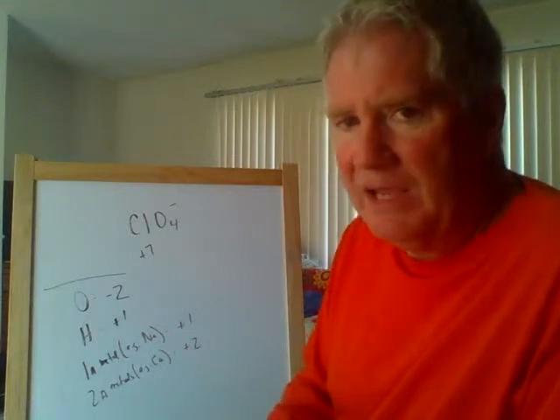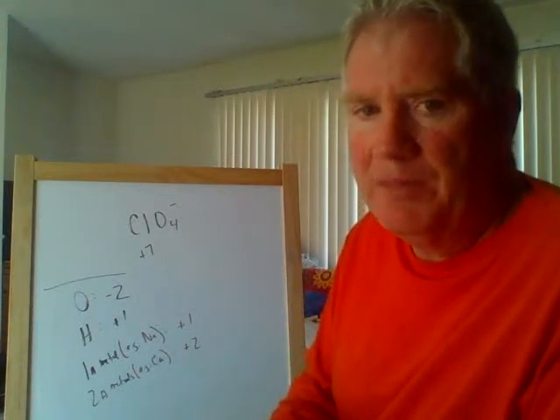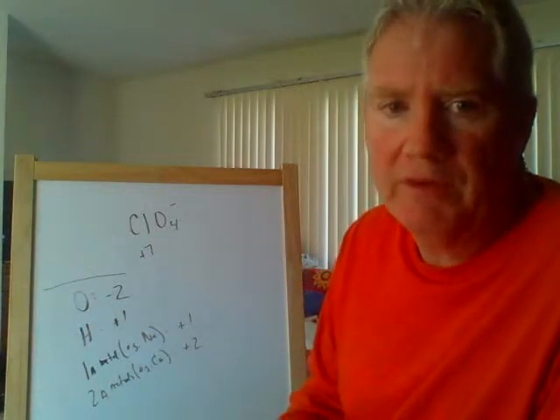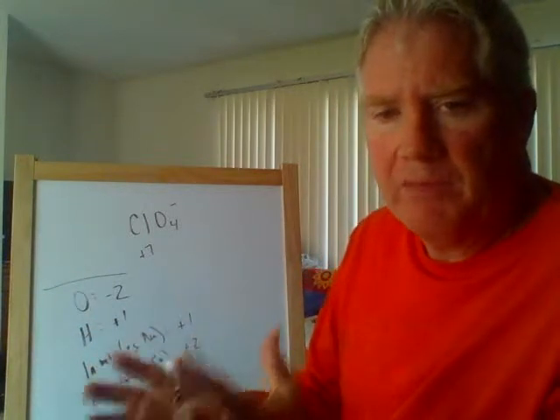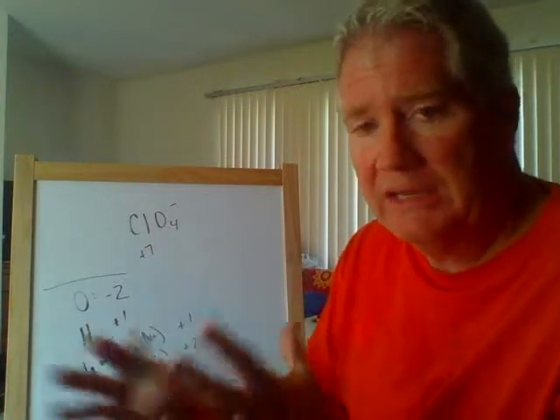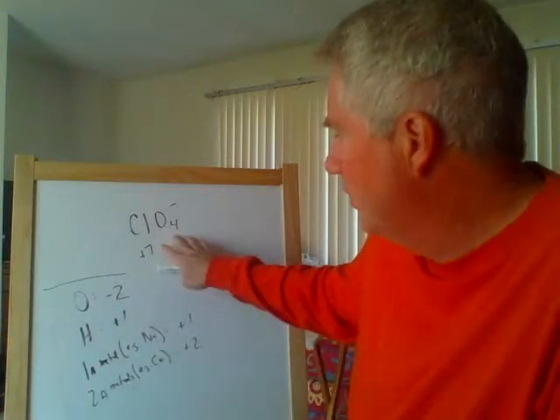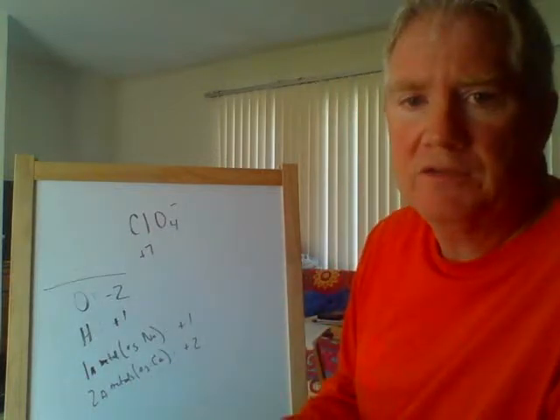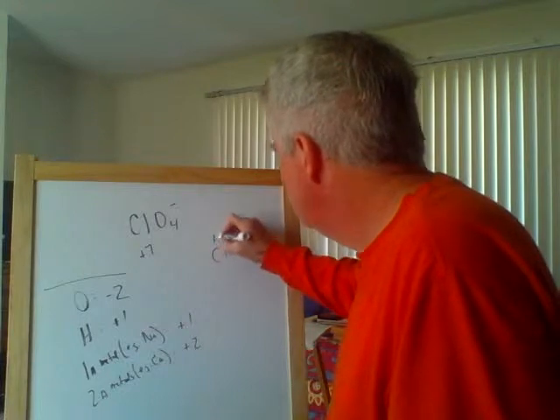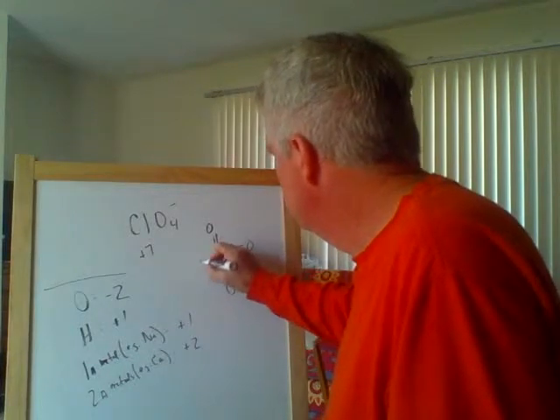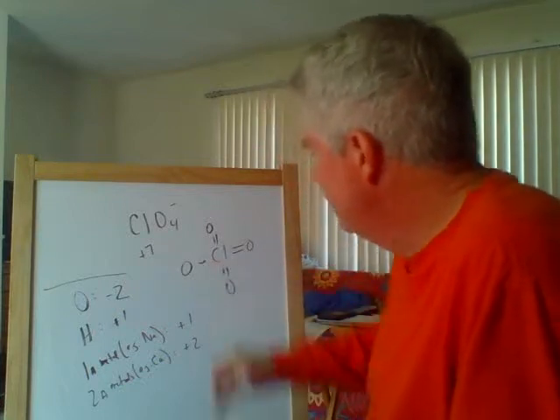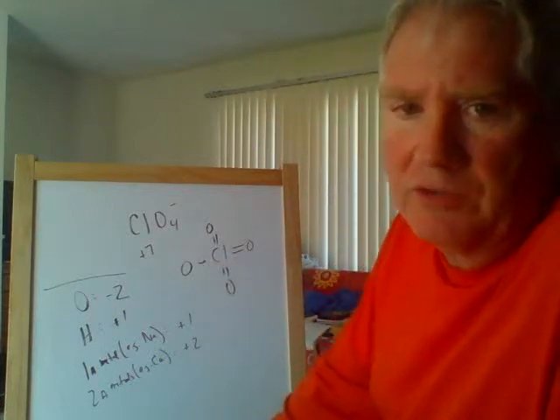Okay, which kind of means chlorine has given up all of its outer shell electrons, all 7 of them. And if you think back, remember chlorine is one that usually likes to pick up an extra electron to get to 8. But in this case, in perchlorate, it's given up all 7 to oxygen. You can kind of draw it out. It looks like this. And again, each of these lines I'm drawing are pairs of electrons.